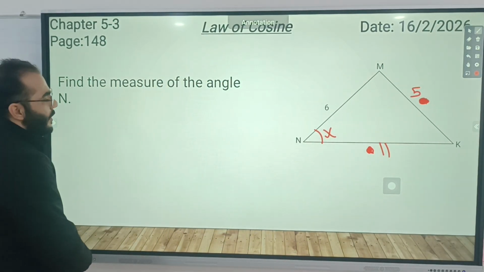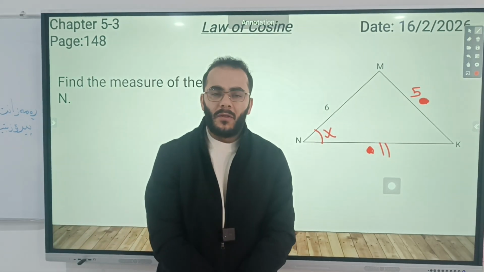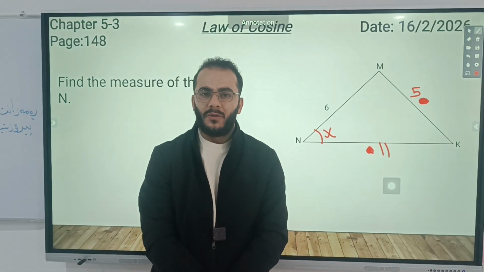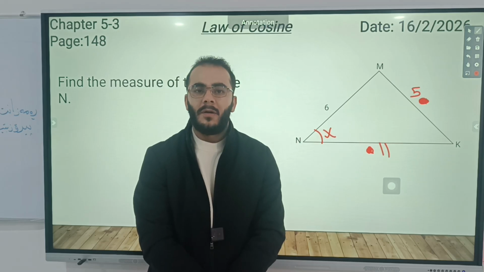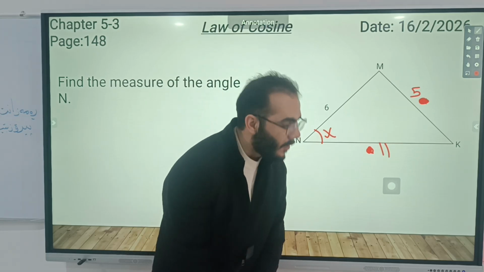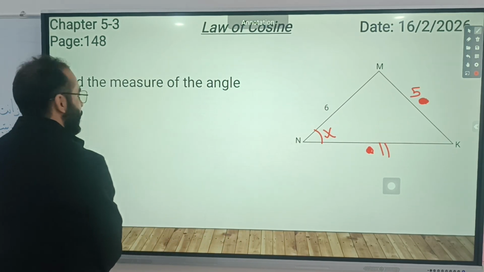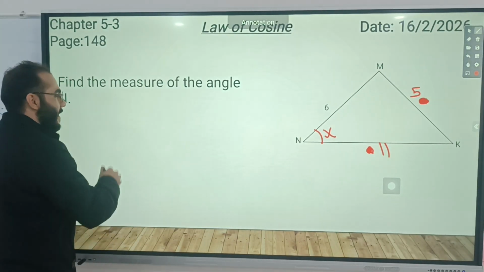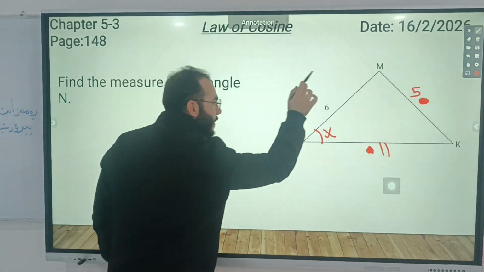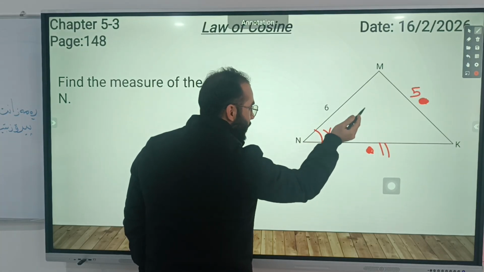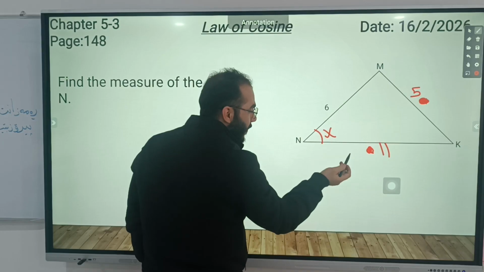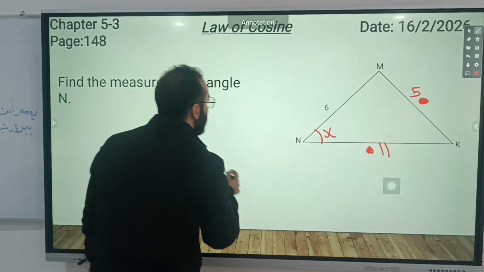So we said that whenever we have three lengths of a triangle, we are going to find the measure of any angle that the question asks for by using the law of cosine. The rule says the side opposite the angle, or the side in front of the angle between the two given sides, squared.